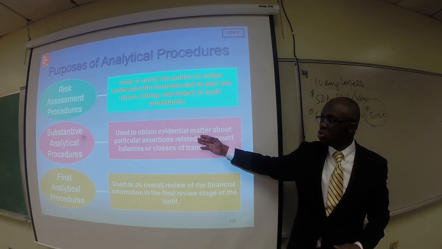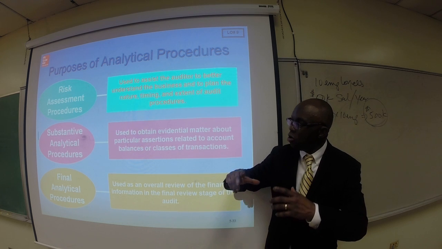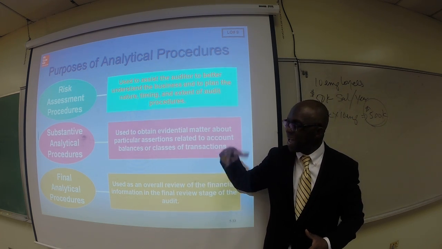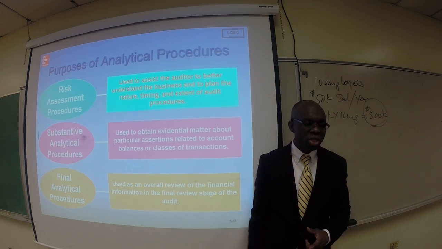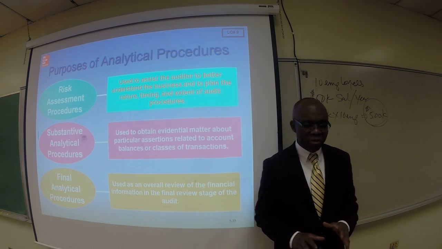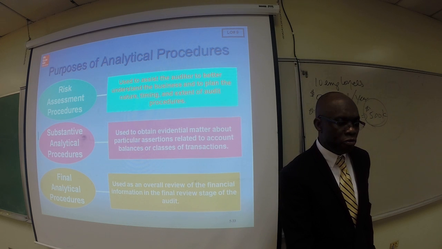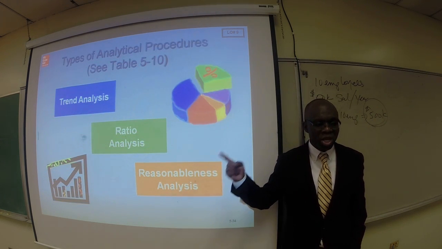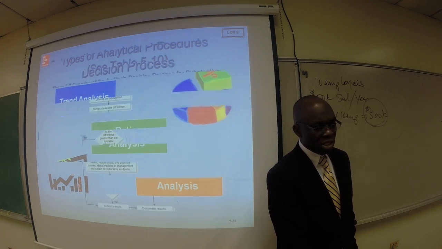Then you can also use analytical procedures, like we just discussed, as a way of actually testing account balances. So we call that substantive analytical procedures. Then upon the conclusion of your audit, you can use analytical procedures to review the financial information in the final review stage of the audit. So here we have types of analytical procedures: trend analysis, ratio analysis, reasonableness analysis.